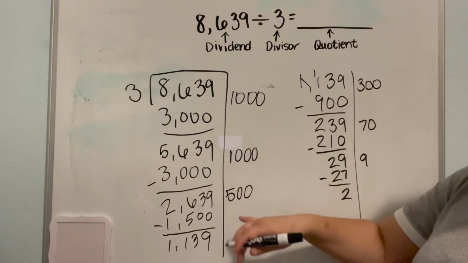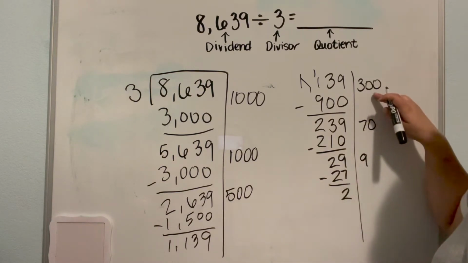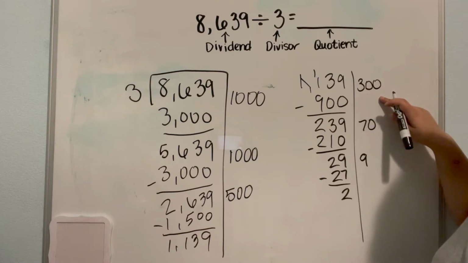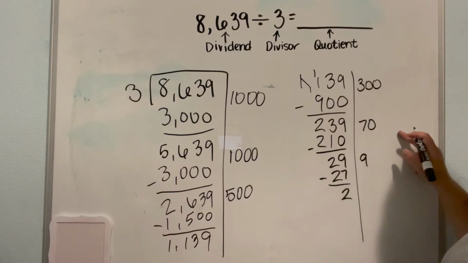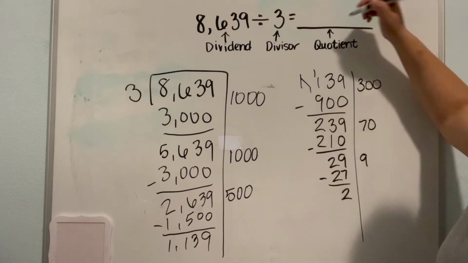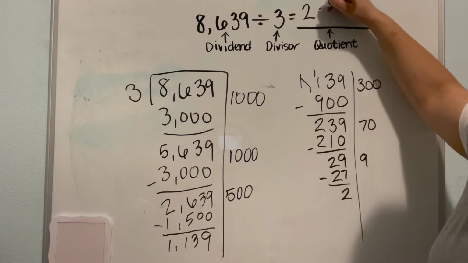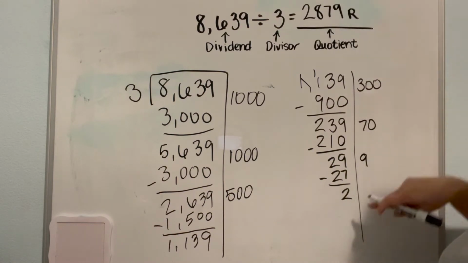So I have 1,000 plus 1,000 is 2,000, plus 500 is 2,500, plus 300 is 2,800, plus 70 is 2,870, plus 9 is 2,879. So our quotient should be 2,879 with a remainder of 2.